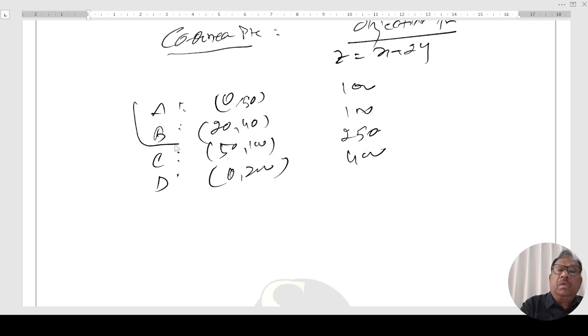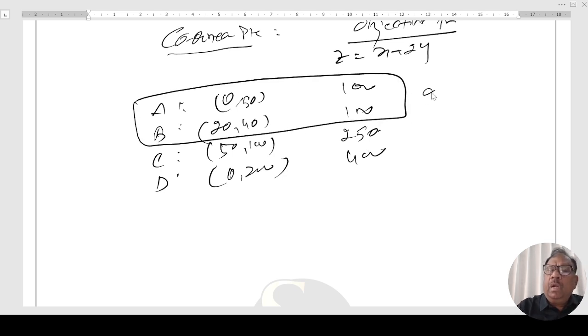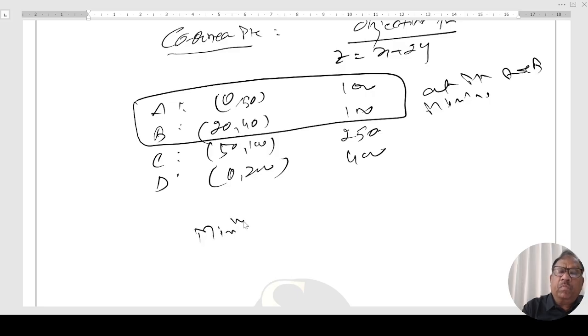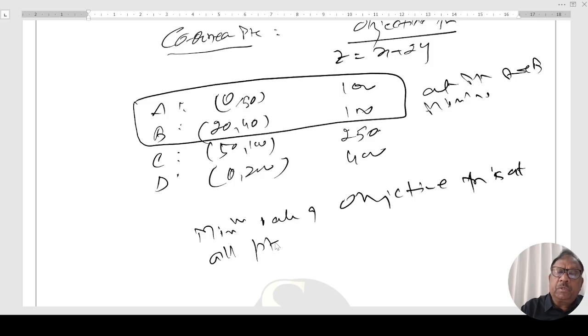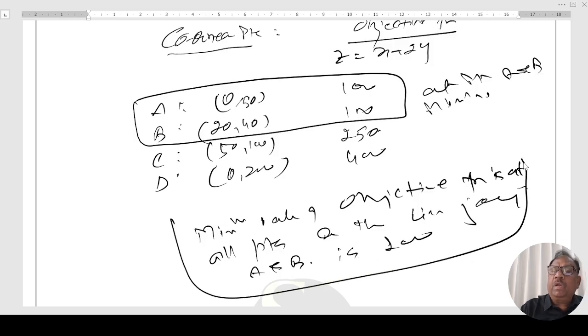So we are observing that at points A and B the minimum value. इसका conclusion होगा minimum value of objective function is at all points on the line joining A and B. A के coordinate से B के coordinate and value is 100. Right? One answer is this.